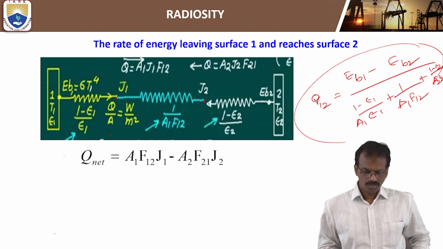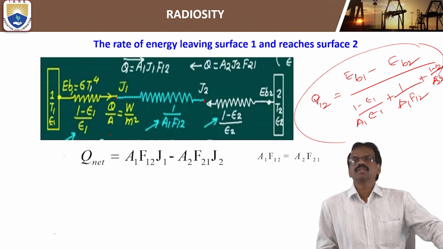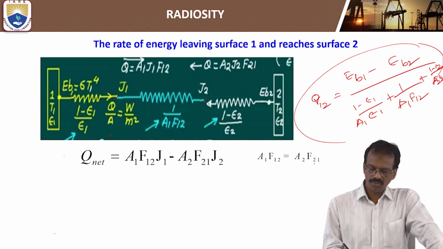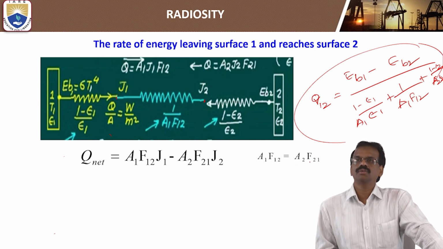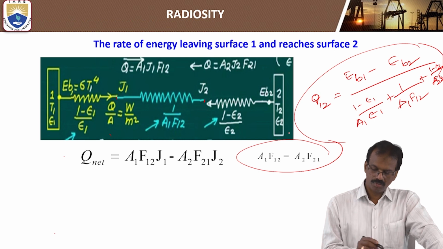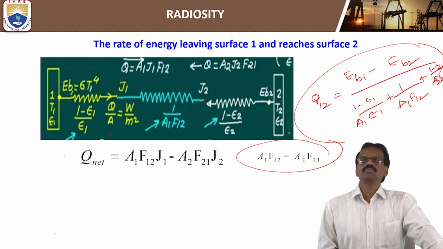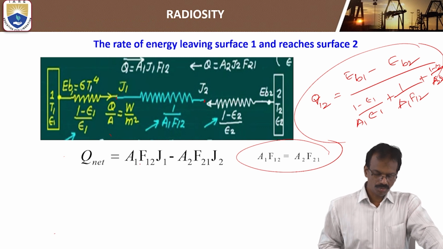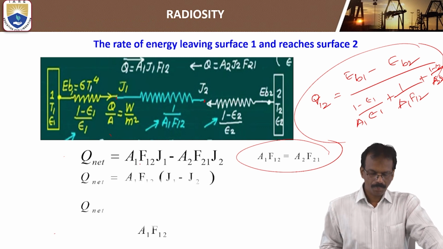So you know that A1 F12 is equal to A2 F21 according to the view factor formulas. You can take any one of them. Let us consider A1 F12.